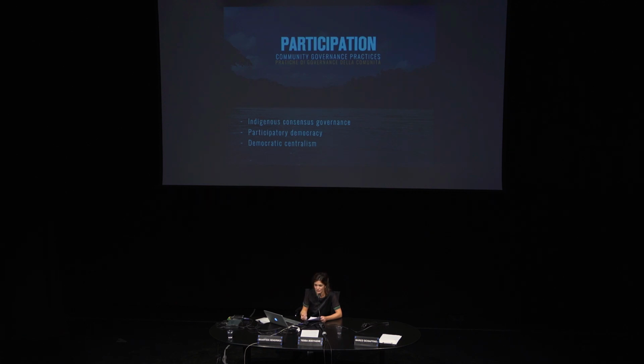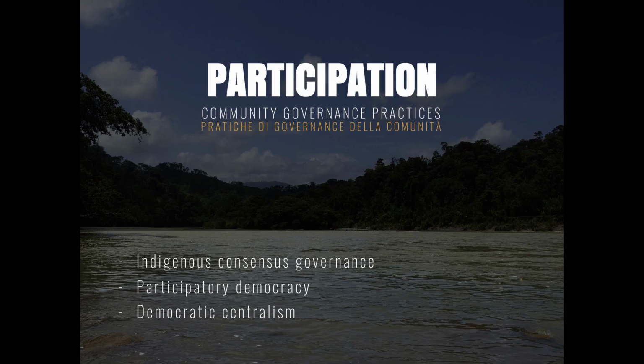Second of all, the returnees spent 10 years in Mexican refugee camps. So they have come across international NGOs. They have appropriated human rights discourses, and they started to experiment with participatory democracy. So that's the second point.